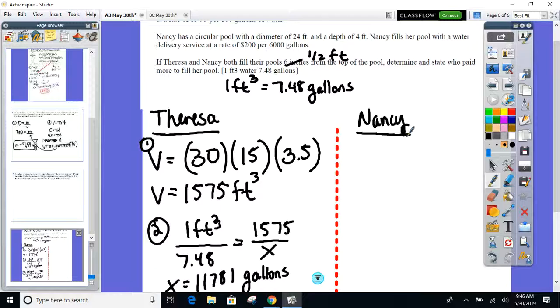Let me know when you ever see a spherical pool in somebody's yard. And remember, she's only filling it up to half a foot from the top.